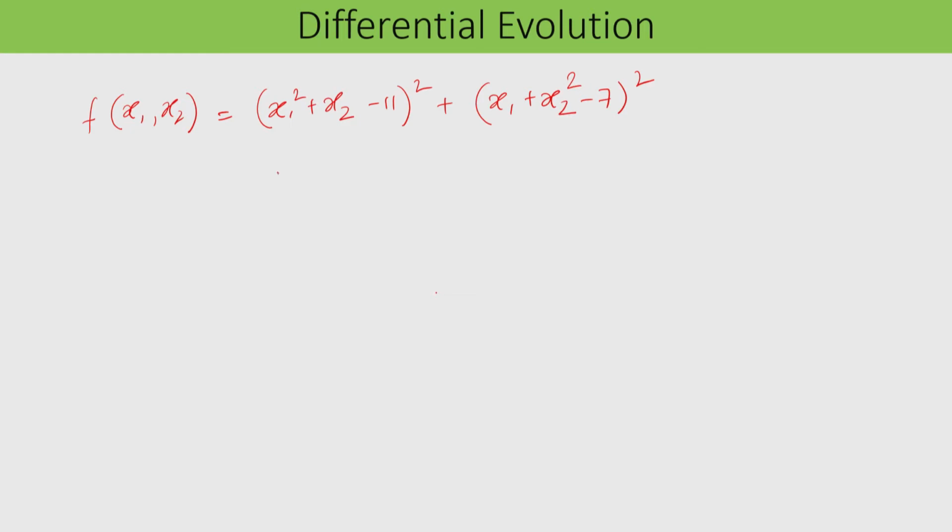If I take the range of x1 x2 between 0 and 5, x1 star equal to 3 and x2 star equal to 2. So, I should get this particular solution. Let us see if I apply DE, whether I will get the solution or not.